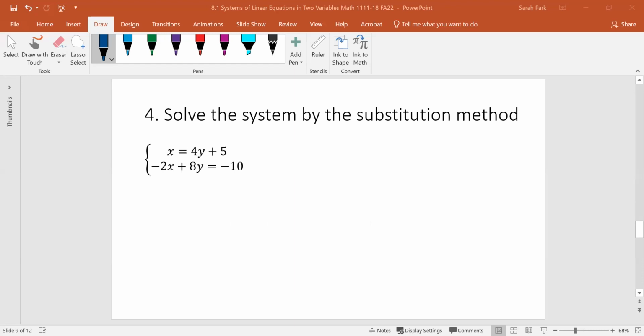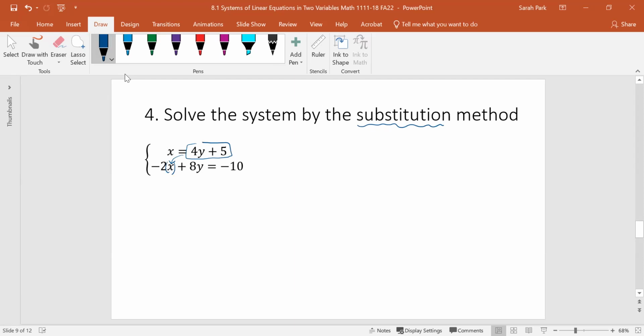So like the name suggests, we're going to substitute one equation into the other. And you can see here that the variable x is already isolated. So this is easy to substitute the x variable, or the expression 4y plus 5, for x, because that's essentially x.